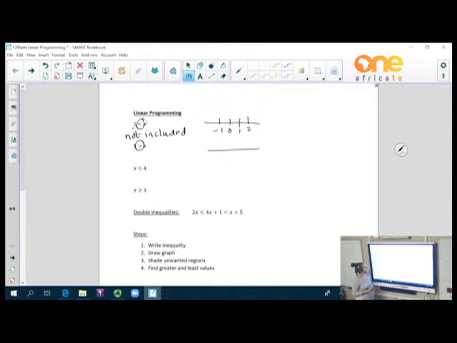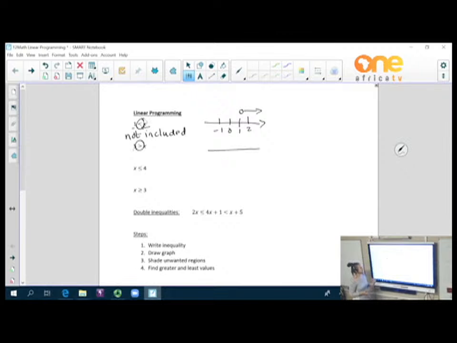And 1 is less than x. So x will go to the larger side. And we will have an open circle above 1, which indicates a less than, or that the number is not included. And x will go to the larger side, because if you read it from this side, your x is more than 1.